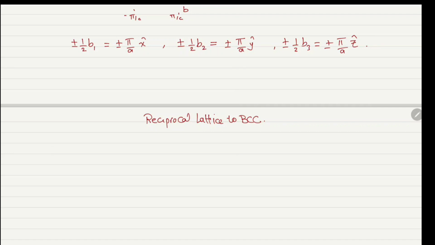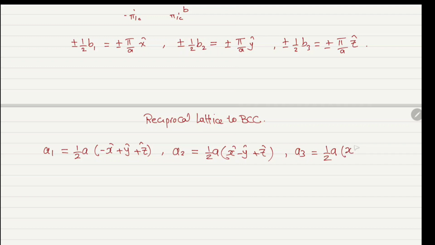In BCC, A1 is equal to half A times minus x hat plus y hat plus z hat, A2 is equal to half A times x hat minus y hat plus z hat, and A3 is equal to half A times x hat plus y hat minus z hat.